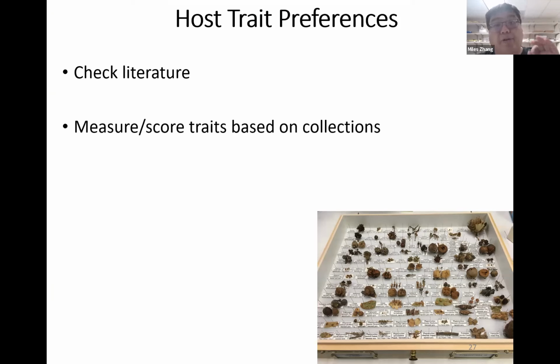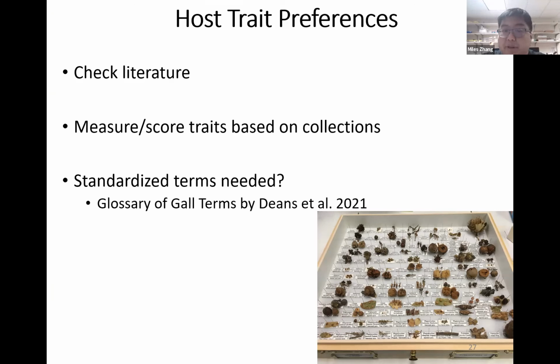But luckily, when you have collections with galls, such as what we have here at the Smithsonian, you can measure and score these traits based on the collections. So again, if you do collect galls, please keep the galls themselves. Those are useful. But then we quickly realized there's a lot of terms being thrown around these days about galls, often describing the same thing, and standardized terms are needed, right?